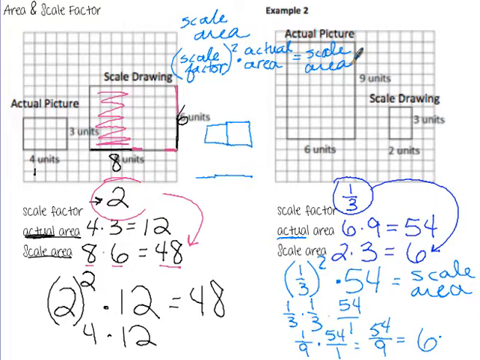Again, this is just the introduction piece to it. We're going to be going over this a lot more in class, but I really want you to be able to understand and work with this, and we'll work on the deeper part of it when we come in. So I want you to be able to use this equation to help you find your actual or your scale area.